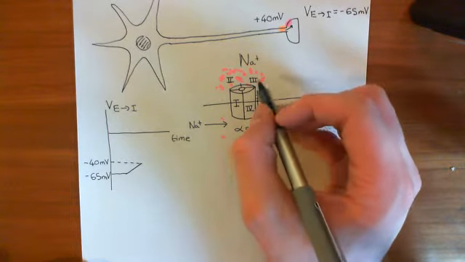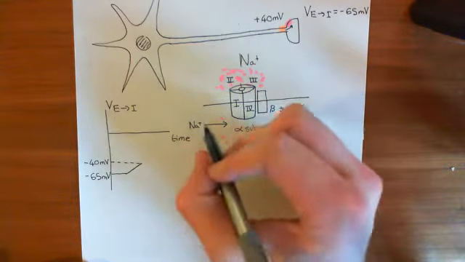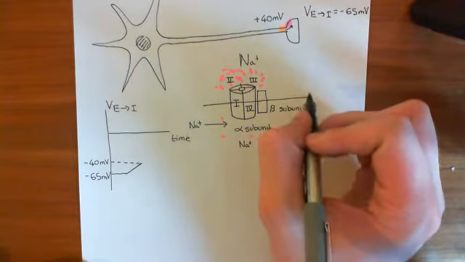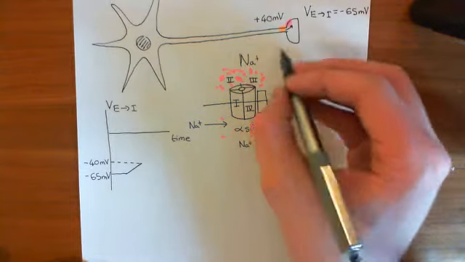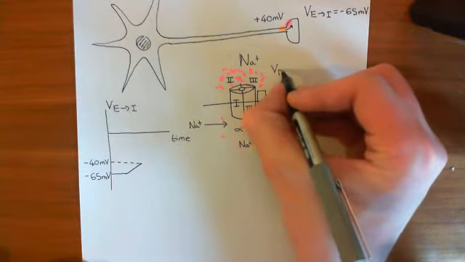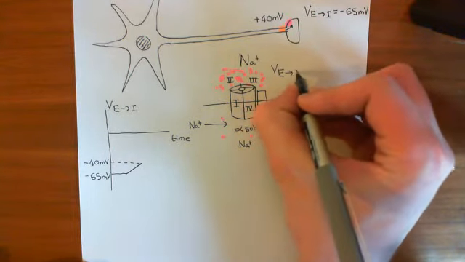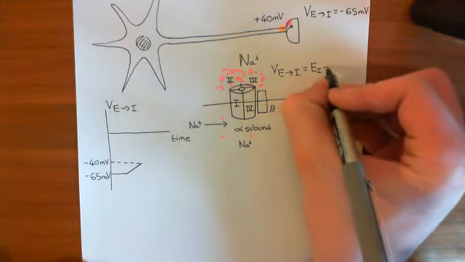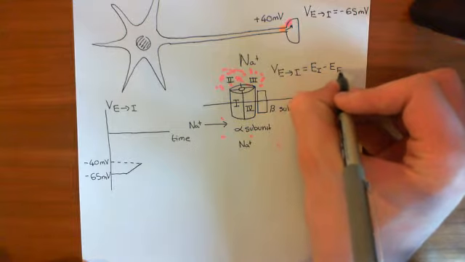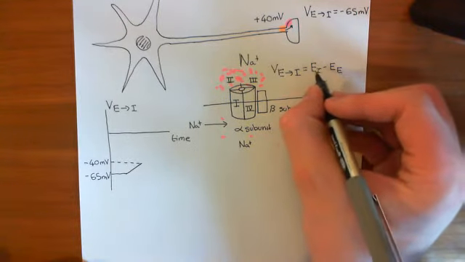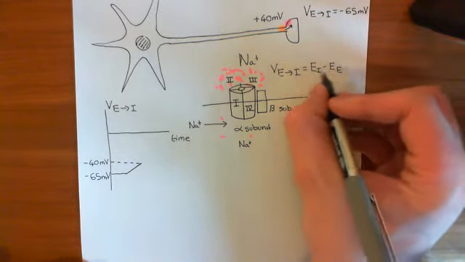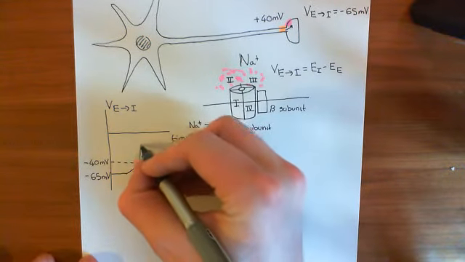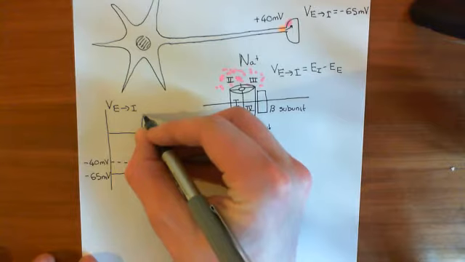That's going to cause the electrical potential of the intracellular compartment to go up and the electrical potential of the extracellular compartment to go down, which means that the voltage difference across the membrane from extracellular to intracellular, which is the electrical potential intracellularly minus the electrical potential extracellularly, is going to become more positive. And indeed, that's what you see. It goes rapidly up like this.